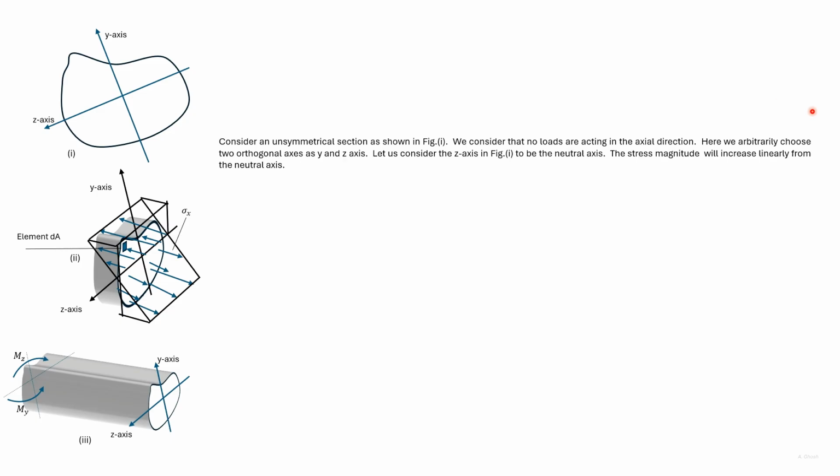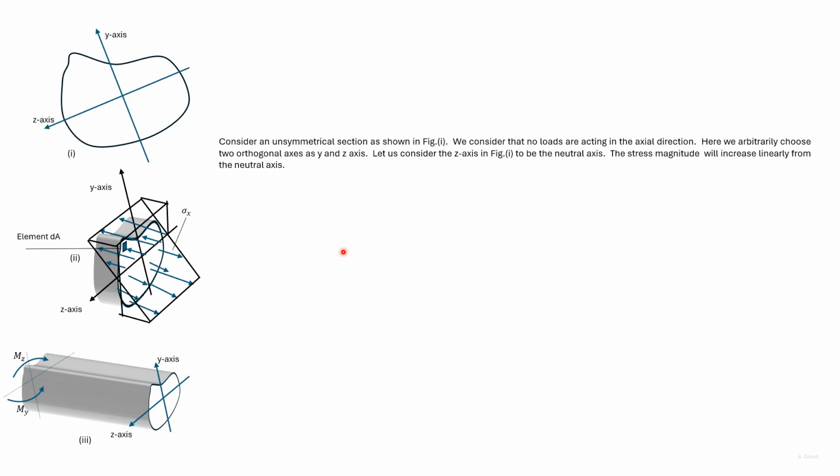Previously, we have considered cases where the section was symmetrical and there was a moment about two perpendicular axes acting along with an axial force. If there's no axial force acting, then for such a case with two moments acting about two perpendicular axes, we would be able to find out the position of the neutral axis.